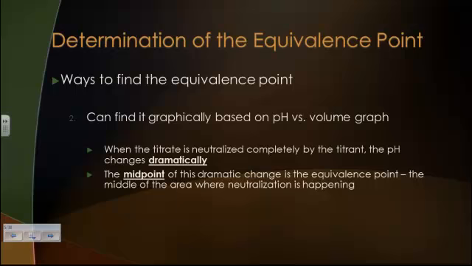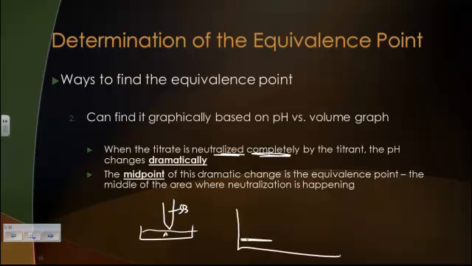You can do it graphically, and what's going to happen is, if you're titrating an acid with a strong base, initially you're going to have a lot of excess acid, so the graph will remain pretty low in pH. And then all of a sudden, you're going to get a dramatic change where it begins to neutralize, and it's going to go up real fast to neutral, or the equivalence point pH, and then it's going to go beyond it when you have excess base.